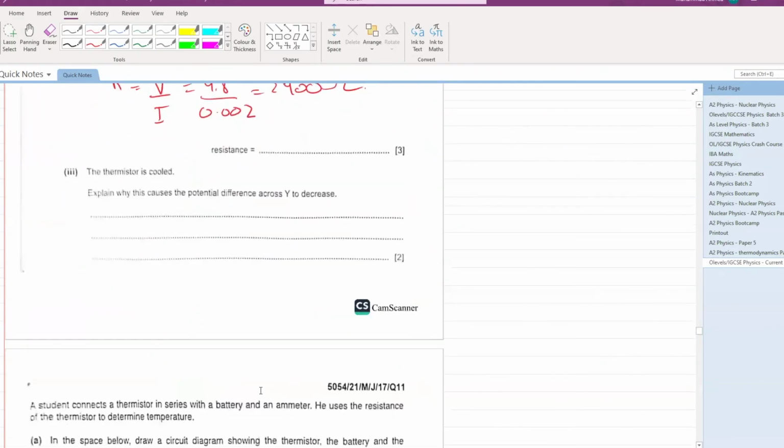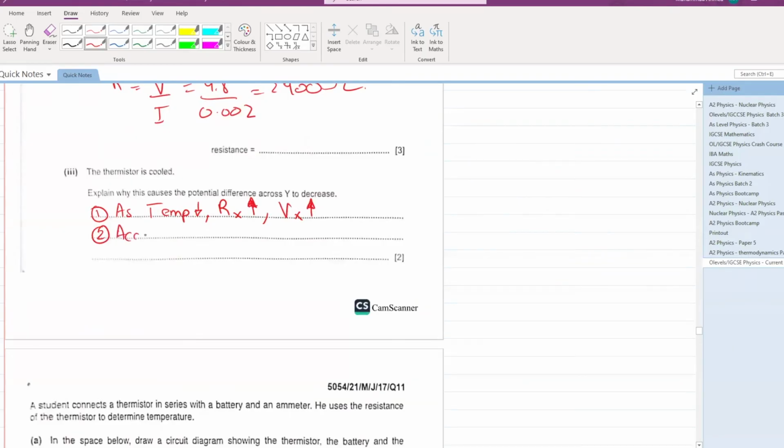So, this is a lot of things to write here. Let's start one by one. Maybe I can write it in symbols and you can do the long form yourself. So basically, as temperature decreases, what happens? Resistance of X increases. As resistance of X increases, what happens? The voltage across X increases.